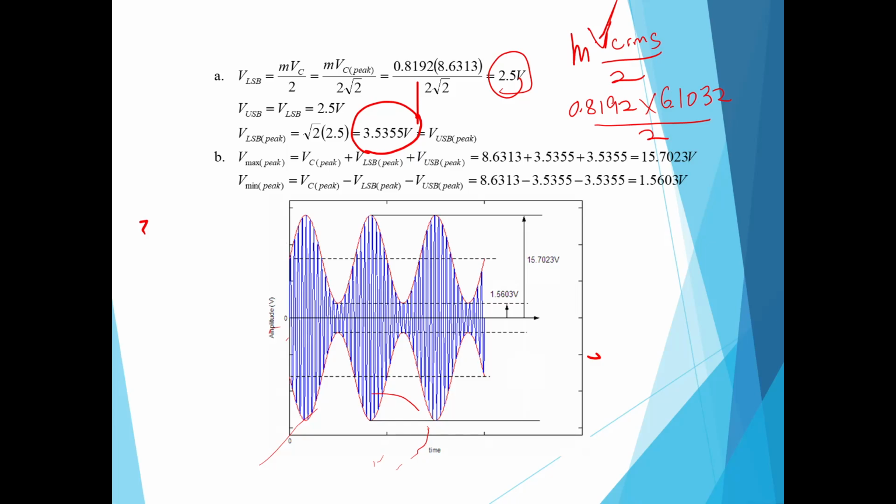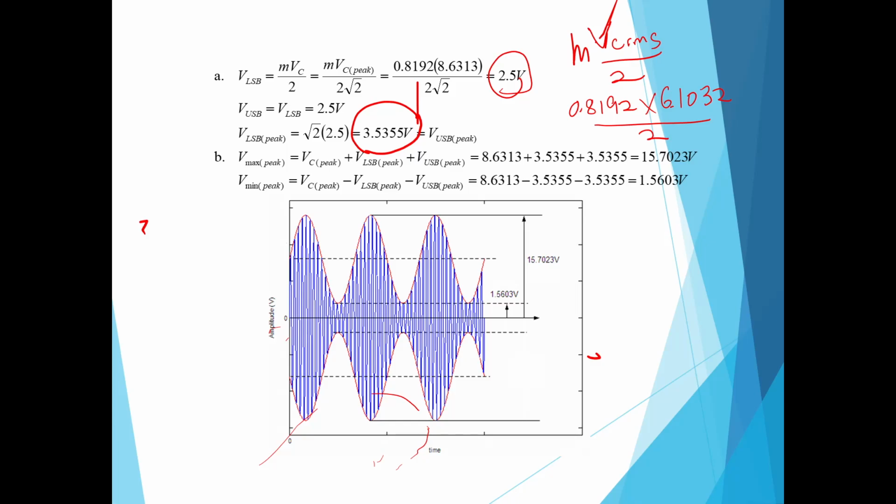Okay, so Vmax is equal to VC peak plus VLSB peak plus VUSB peak. Kenapa dia kata dua ni? Actually, it is like that because this is VM over 2. So that's why you get a VLSB and also VUSB. So it is actually VC plus VM.